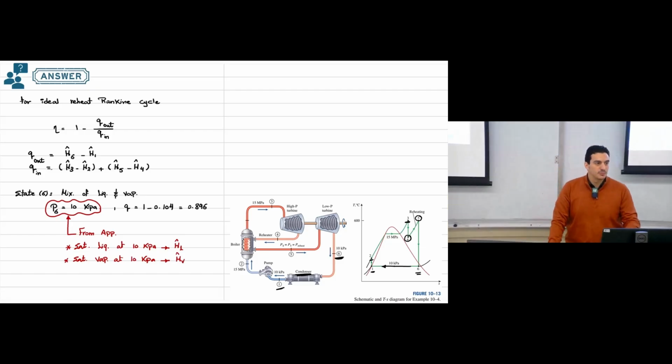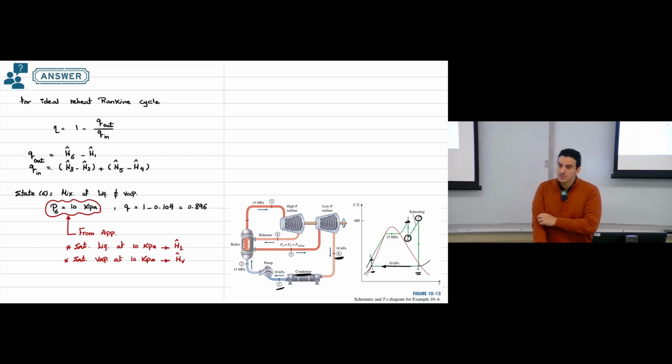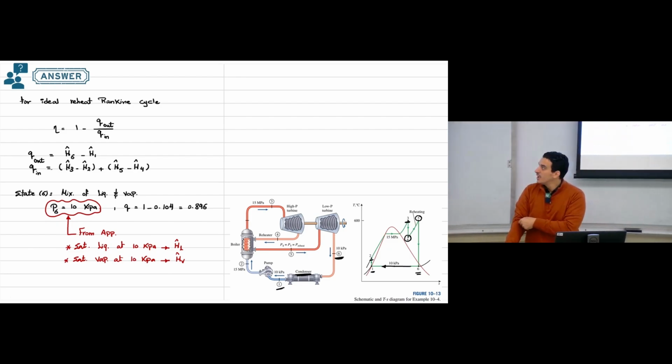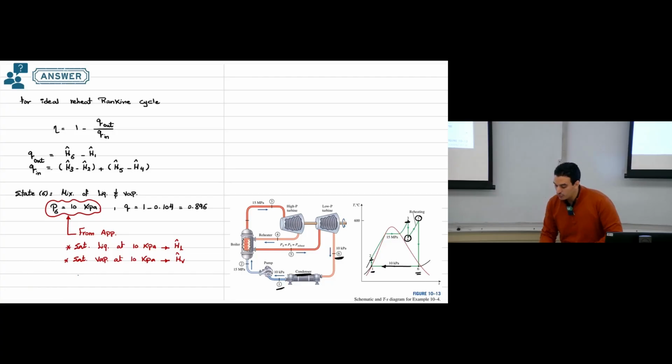So this is the starting point. We have a given pressure. If we have saturated liquid at this pressure, what will be the specific enthalpy? If we have saturated vapor at this pressure, what will be the specific enthalpy? And keep this in your mind: if we don't have the quality, we should find the specific entropy for liquid and the specific entropy for vapor.